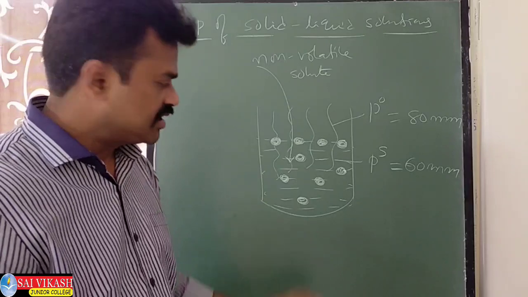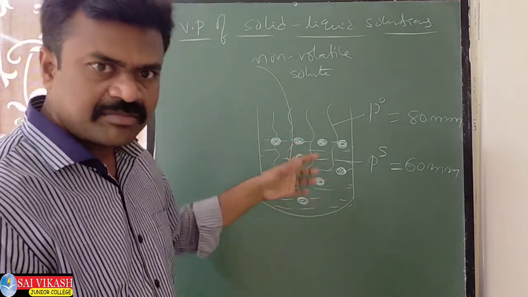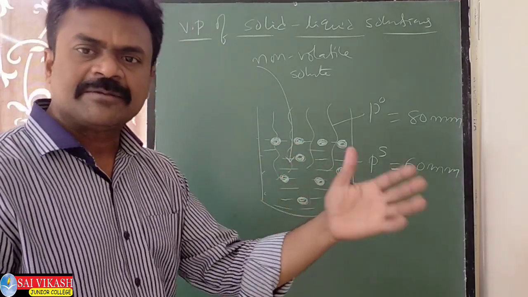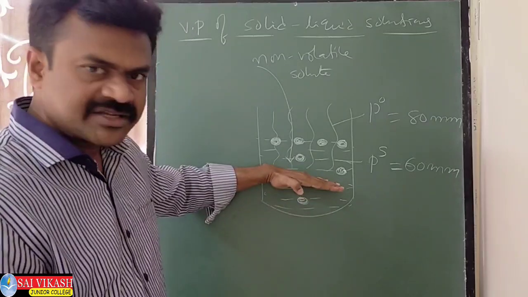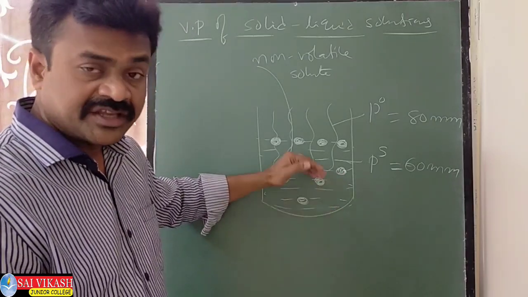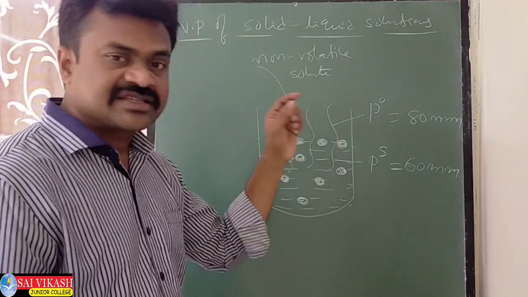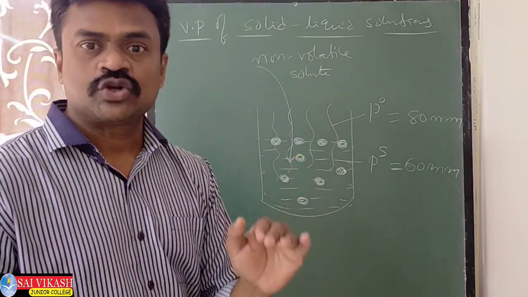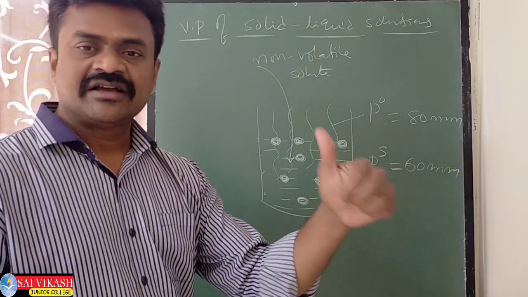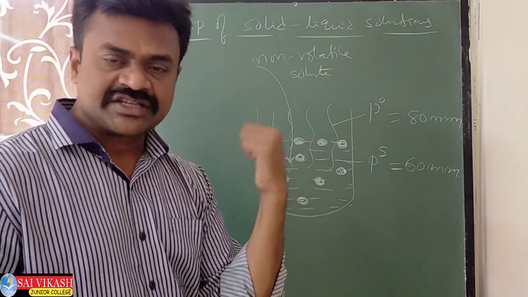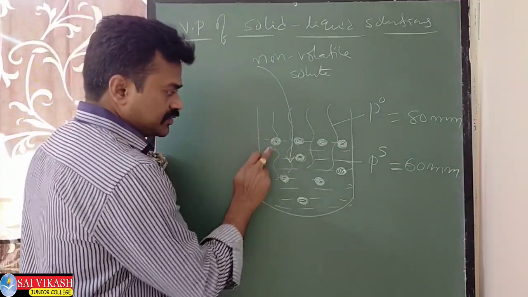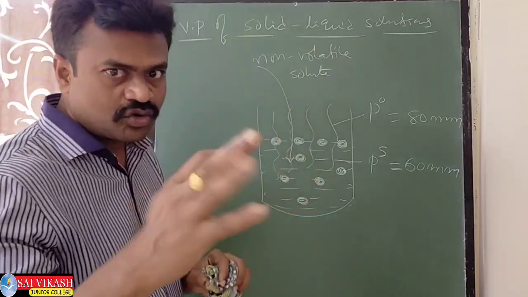Yes, it may be. The solute particles are combined with the solvent, so they can be present anywhere. Some are present inside the solution. Some are occupying the surface. These surface-occupying solute molecules are playing an important role now. See, these solute particles are not volatile.